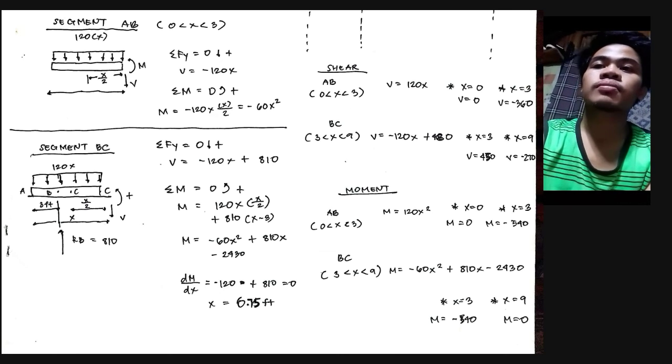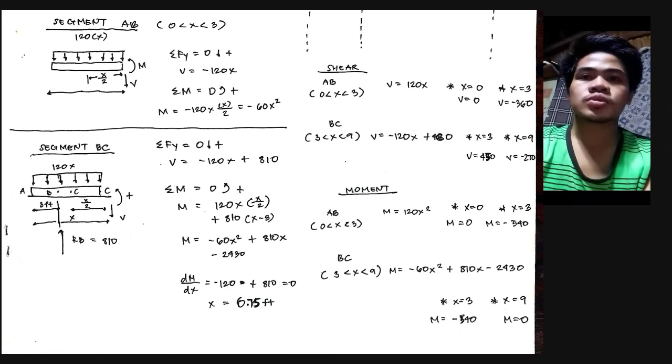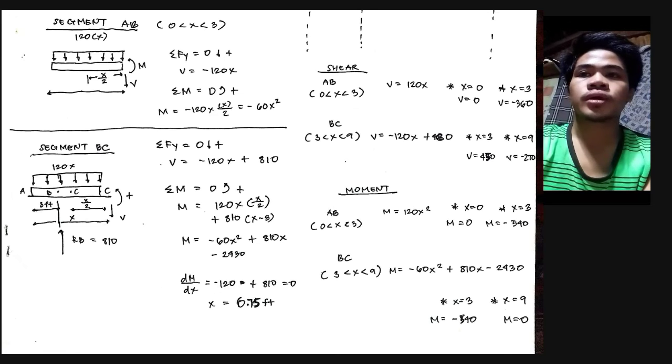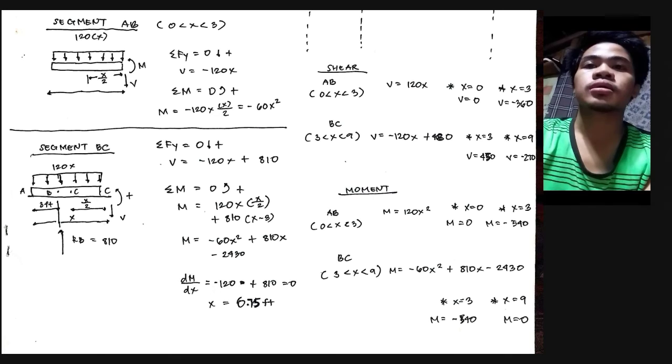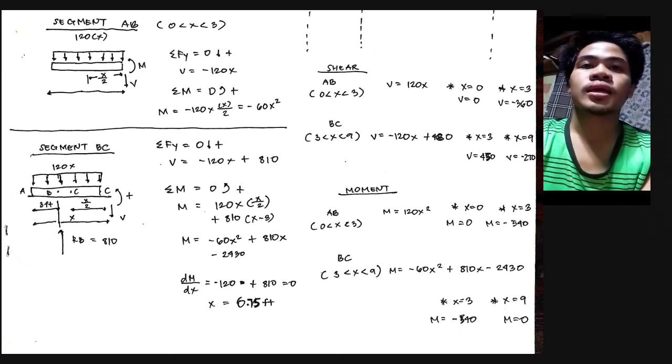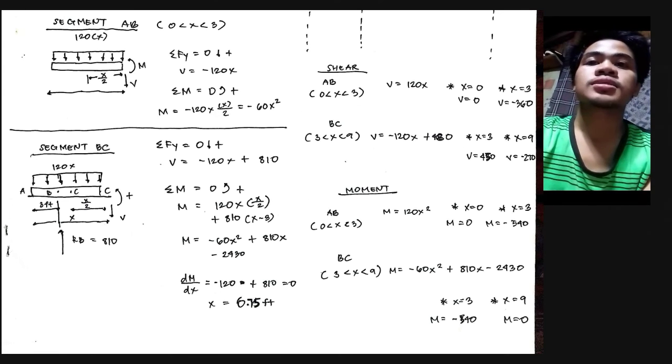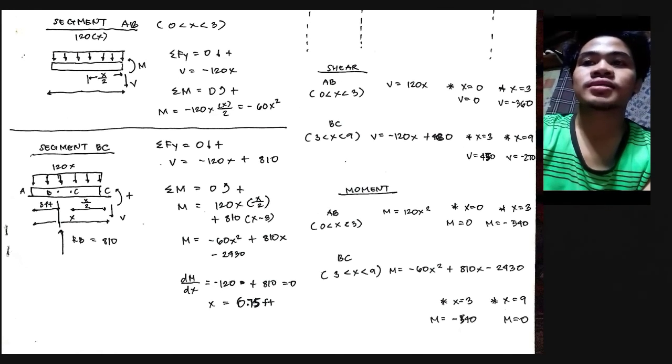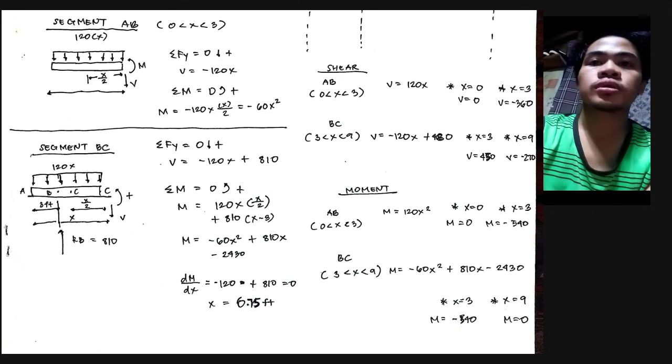And okay, moving to the segment AB. Since we already have the required reactions, drawing the FBD, here we have the distributed load of 120 multiplied by x, which is the total distance here, and for the shear force, downward is positive, and the moment here counterclockwise is also positive.